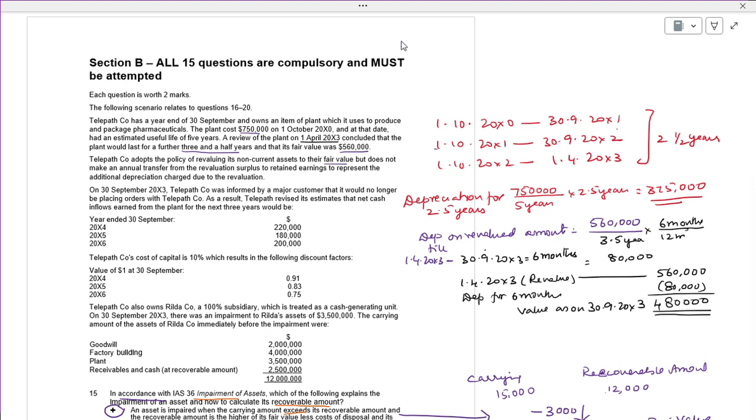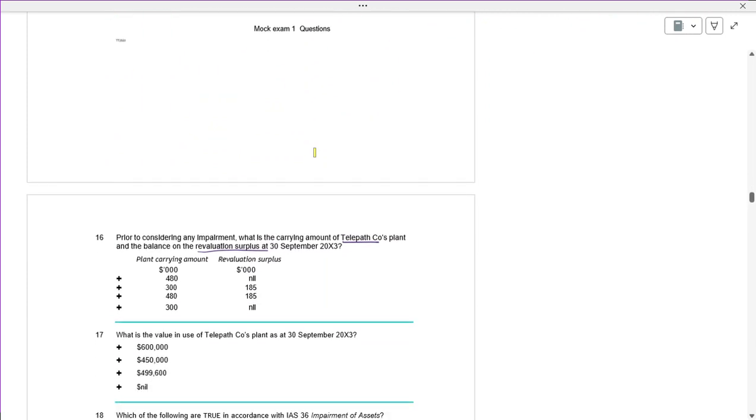And when they are asking us, they are asking on the carrying amount now. 480.